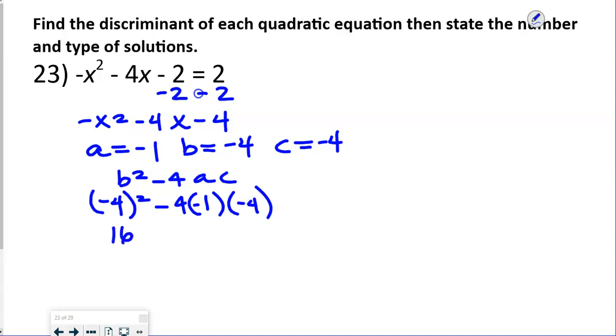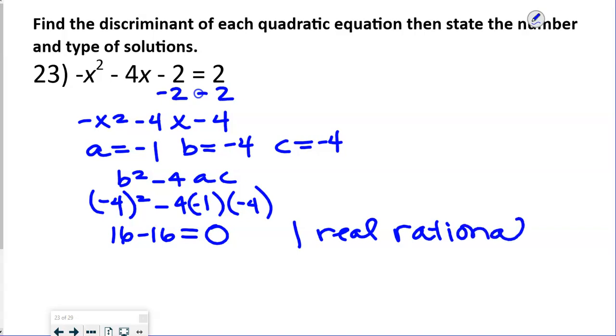So this is 16. If I do the negative 4 times negative 1, that's a positive 4, times a negative 4 is minus 16. So that gives us 0. So when we get 0 here, guys, we're going to have one real rational solution. That's like the ones, guys, where it bumped the graph, or it bumped the x-axis, okay? That's what these are like.